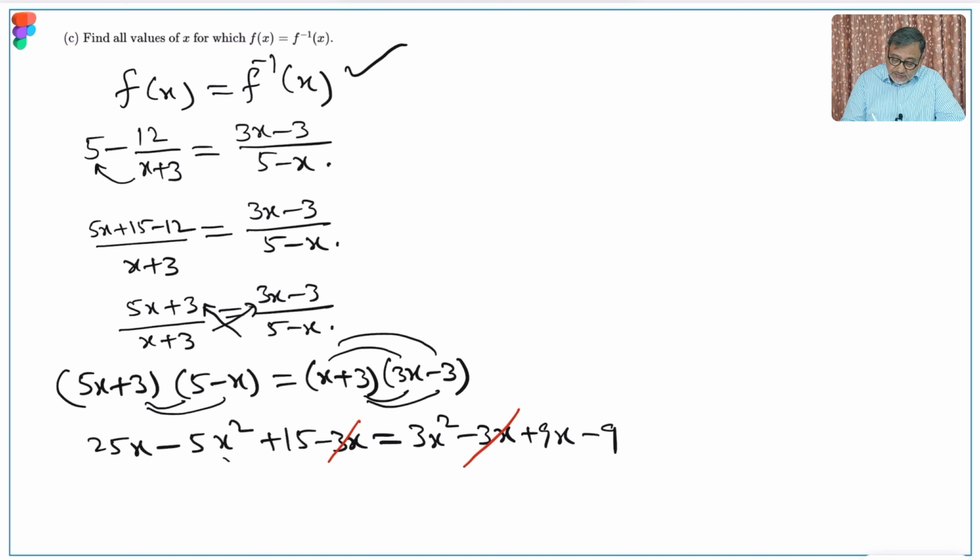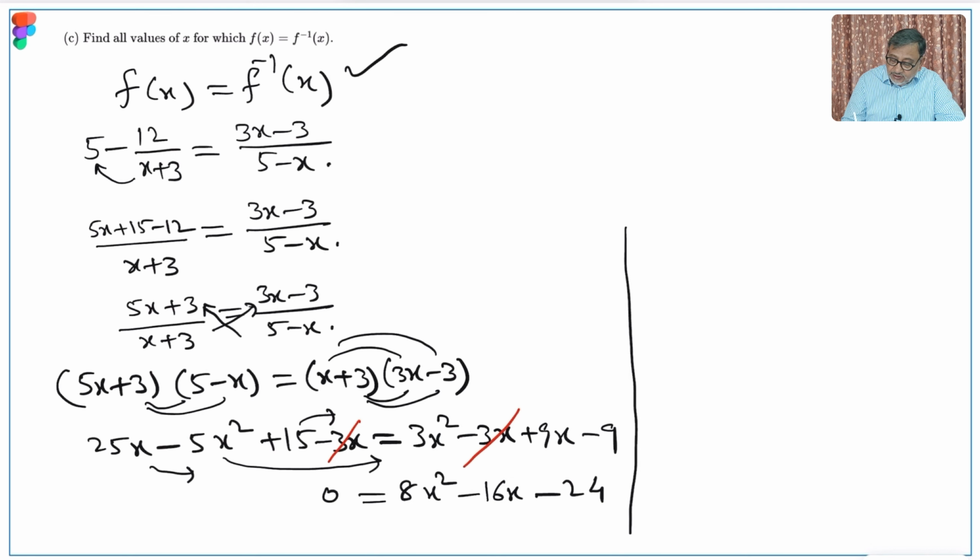Then this 5x square I will take there, so it will be 3 and 5, 8x square. 25x also I will take there, so 9 minus 25 will be minus 16x, and 15 also I will take there. Minus 9 minus 15 will be minus 24, and here it will be 0. Dividing by 8 I am going to get, I will write it here in this space.